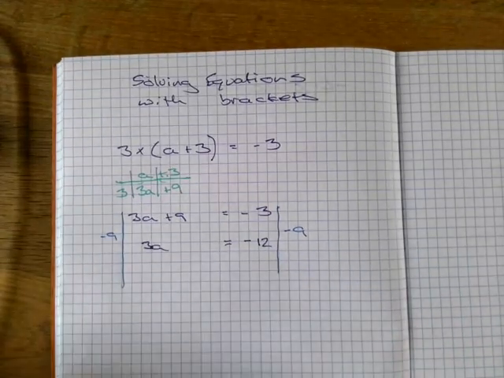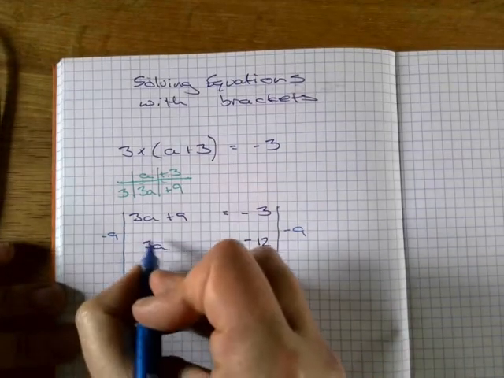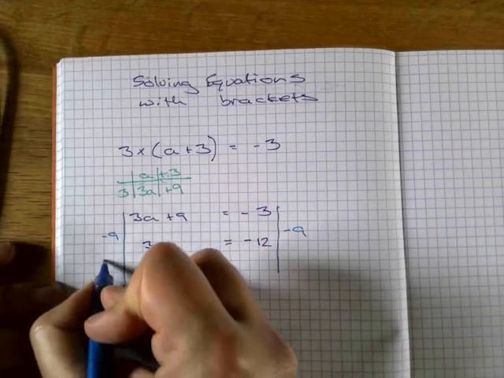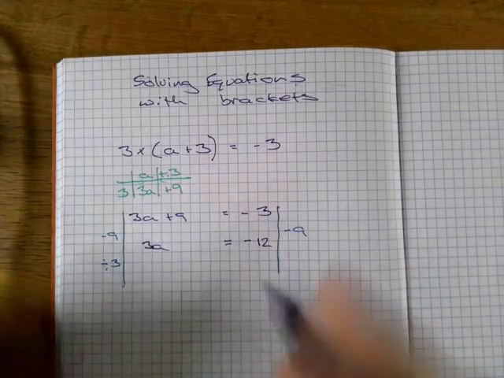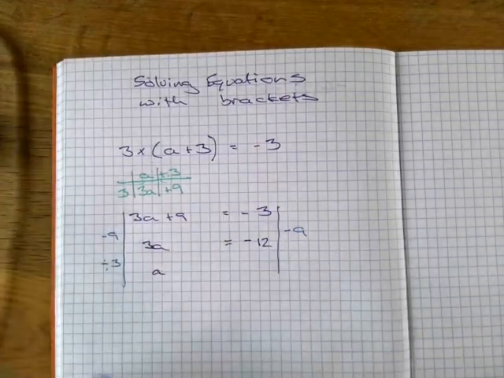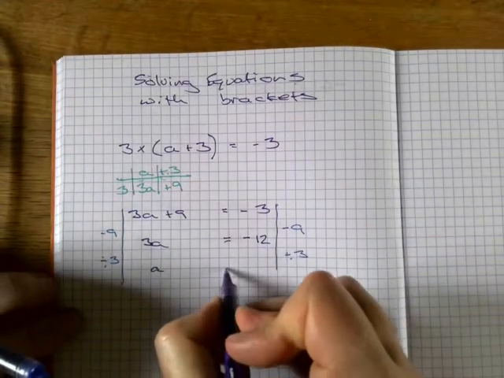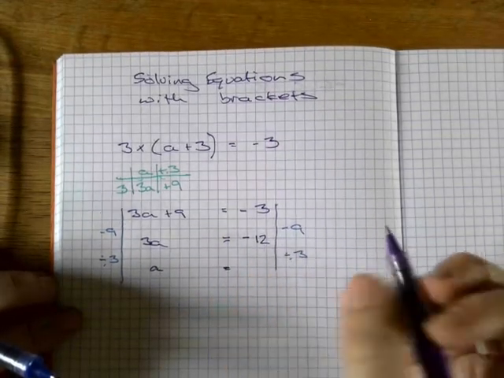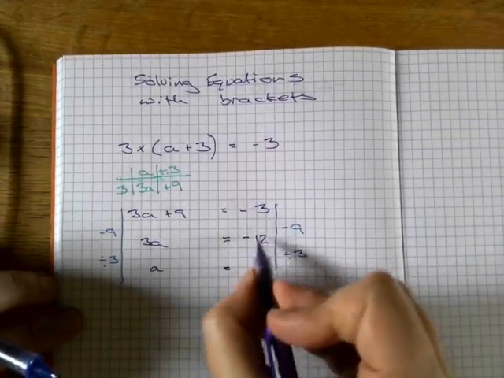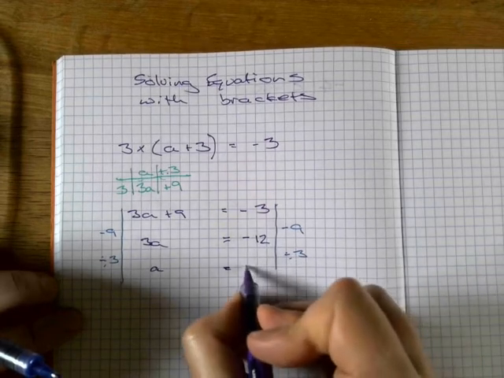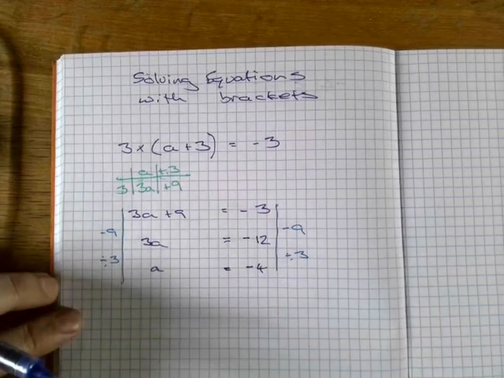And then I've got to get what 1a is, so we're going to get there by dividing by 3. So that means that a, if we divide both sides by 3, is going to equal, well, 12 divided by 3 is 4, so minus 12 divided by 3 is going to be minus 4.